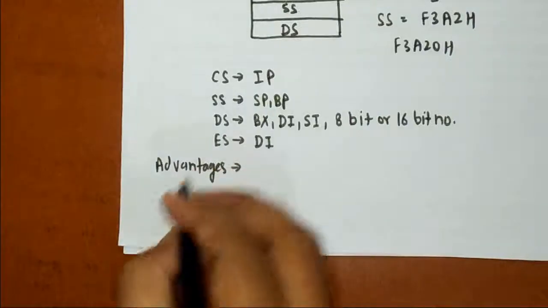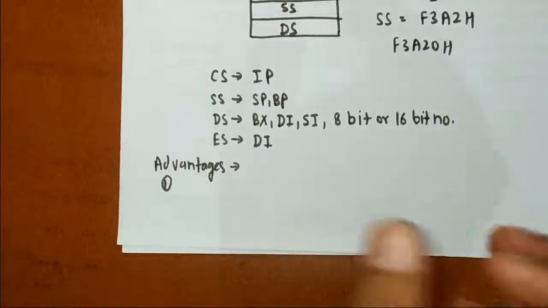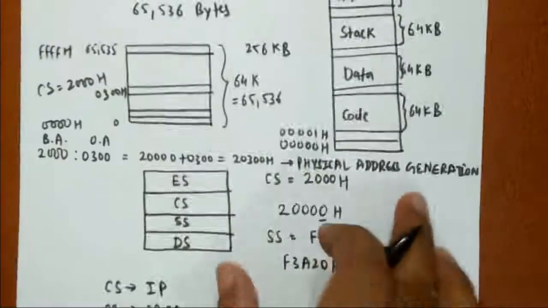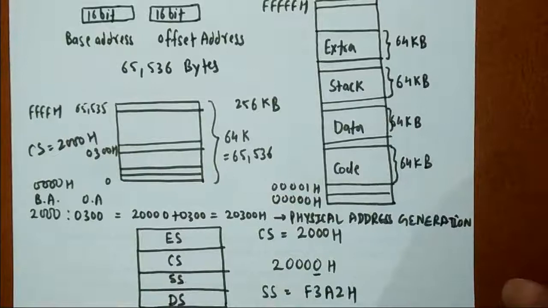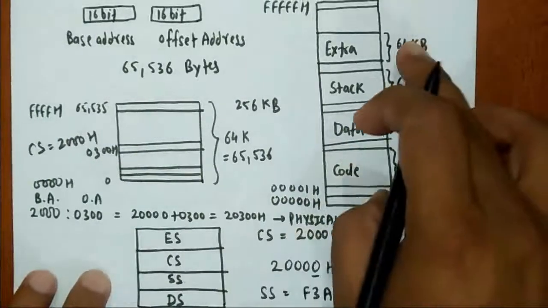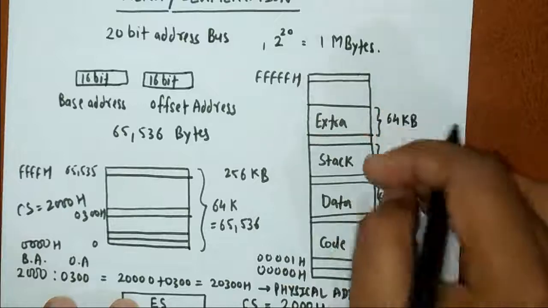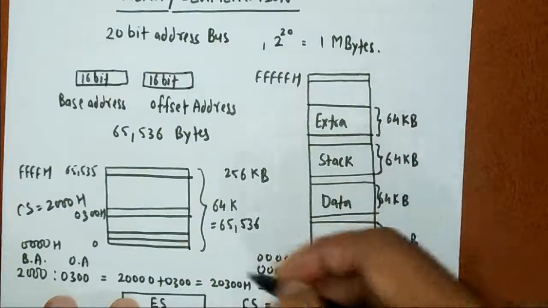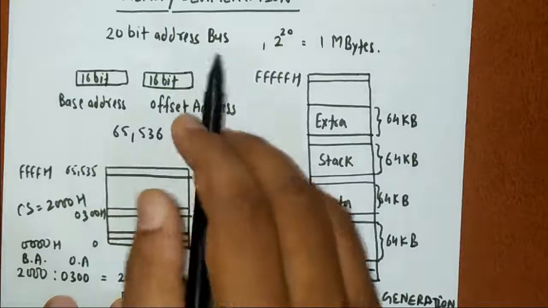The first advantage is that by using segmentation, the 8086 microprocessor has enabled us to represent a 20-bit address using 16-bit registers.